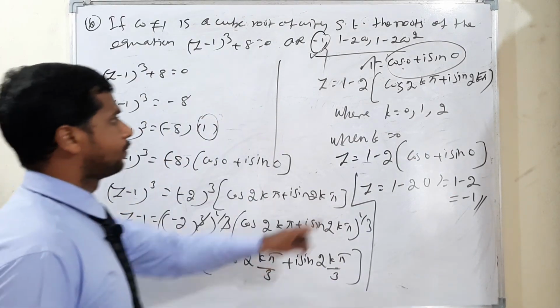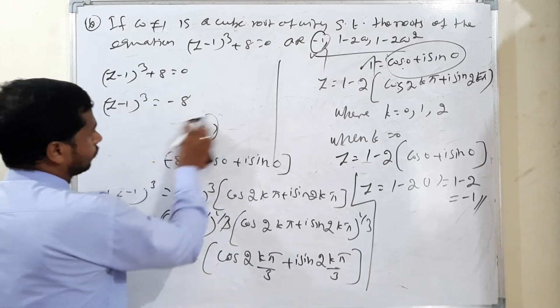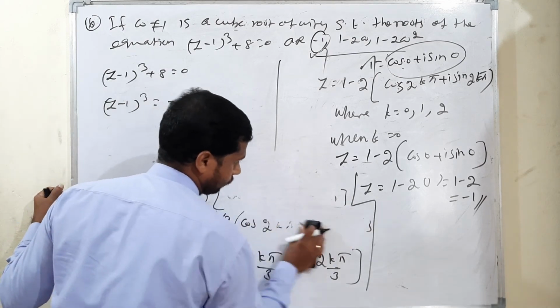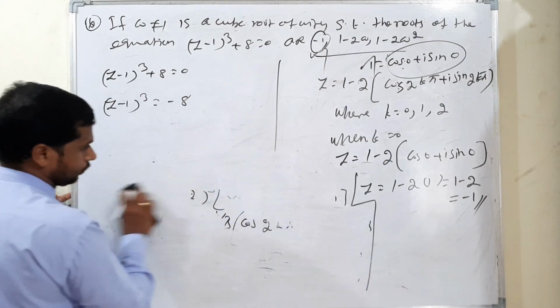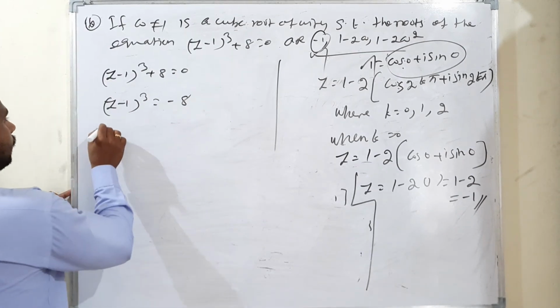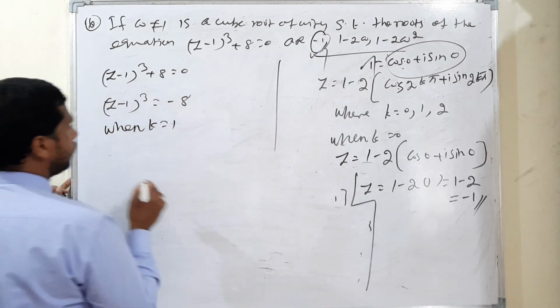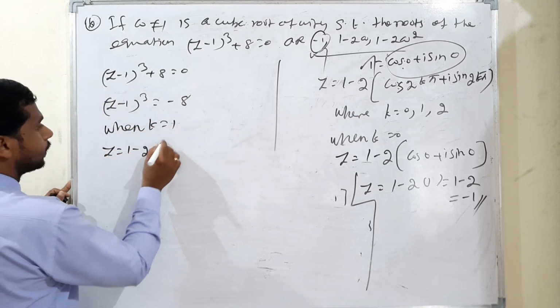Second condition means when k is equal to 1. What will happen? Again Z is equal to 1 minus 2.